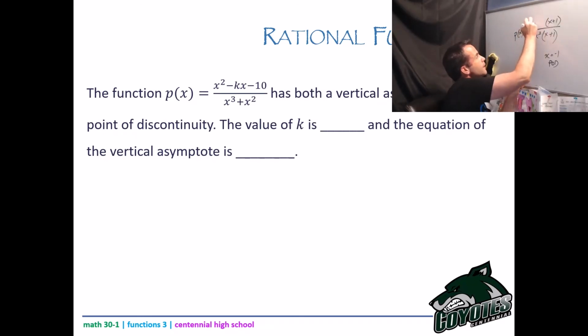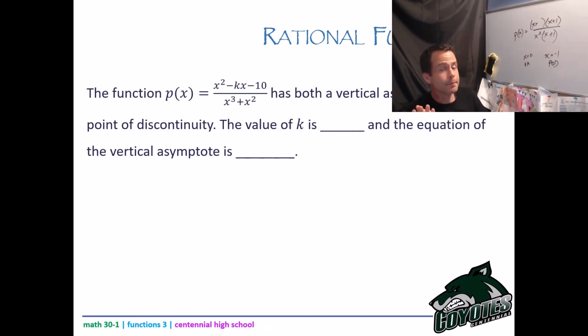And then it's going to have an x plus something, right? And that's going to have to end up becoming a -10 for my constant term. The only way that's going to work is that this is -10, because that would give me my -10 times 1 to get -10.